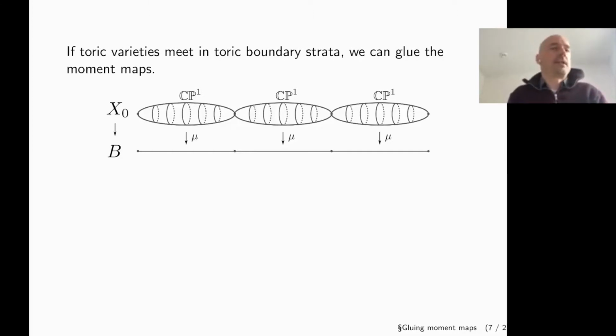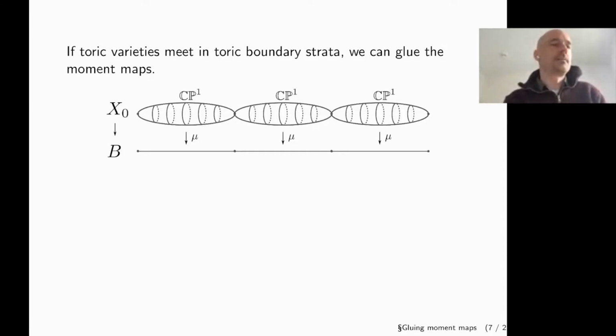And so I can form a chain like this, where I glue one to the other, and then each of them maps by moment map to the interval, and I can also glue the intervals together. So you see that down here, so that in total, I get a continuous map from a chain of 3 CP1s to a union of 3 intervals. Okay, and I can form this more generally. I can glue toric varieties along boundary and then map to the glued polytope.